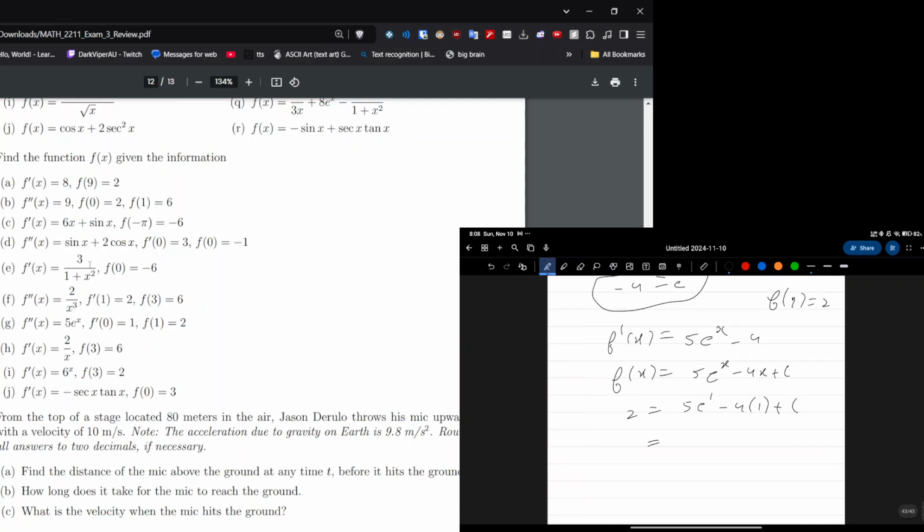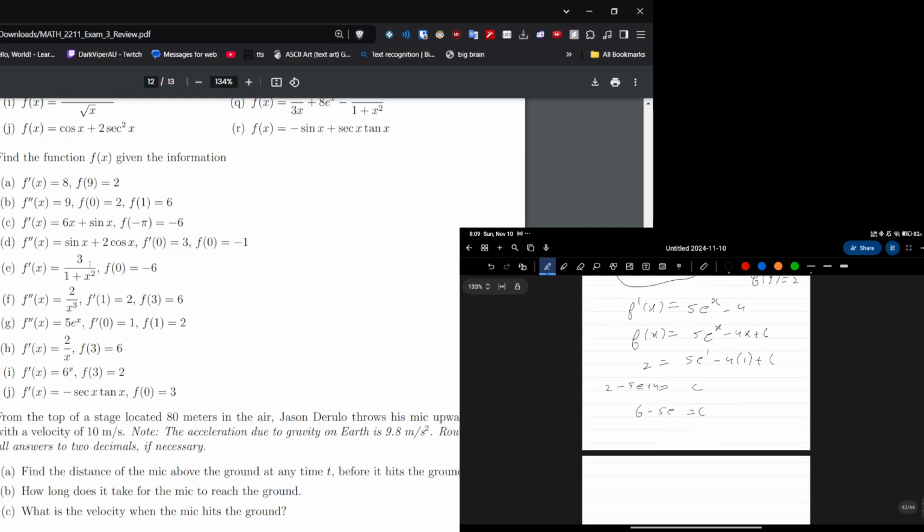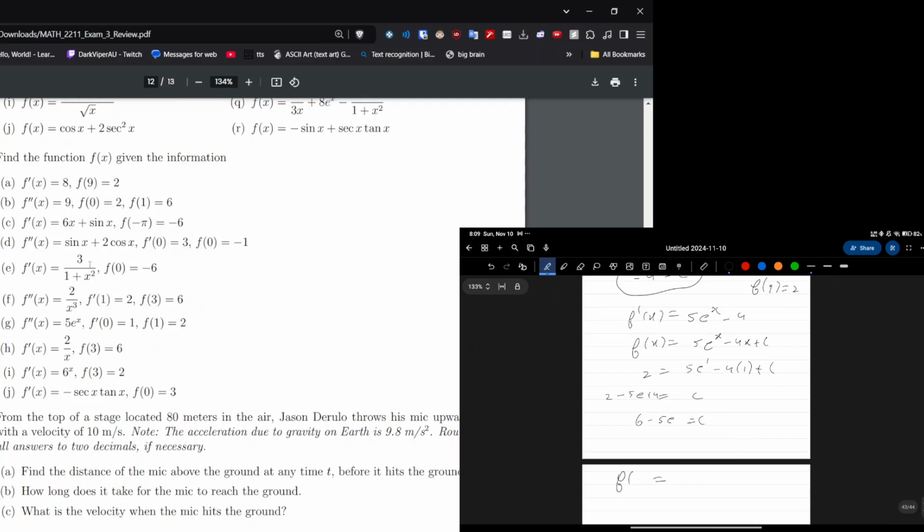This is 2 minus 5e plus 4 equals c. 6 minus 5e equals c. Okay, so my c is 6 minus 5e. So my final answer is f of x equals 5e to the power x minus 4x plus 6 minus 5e. Alright, did everybody understand that? I'm just taking antiderivatives and finding the c.